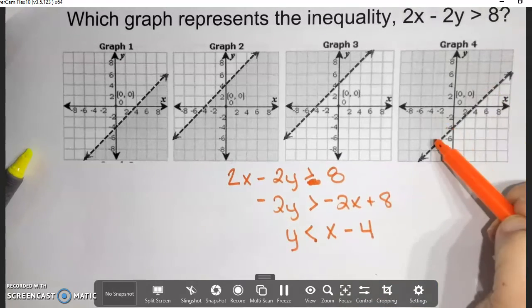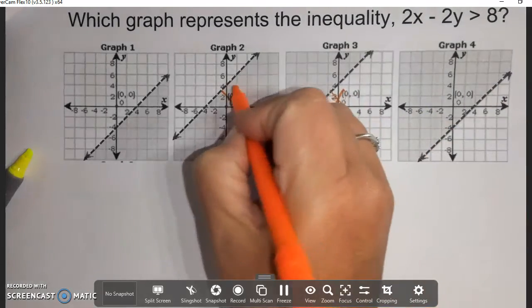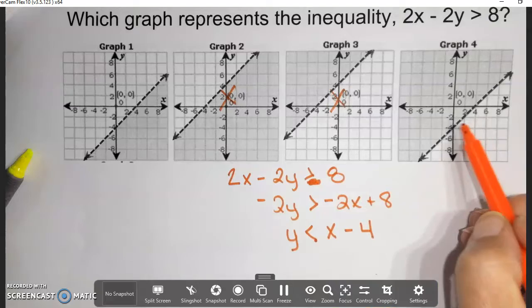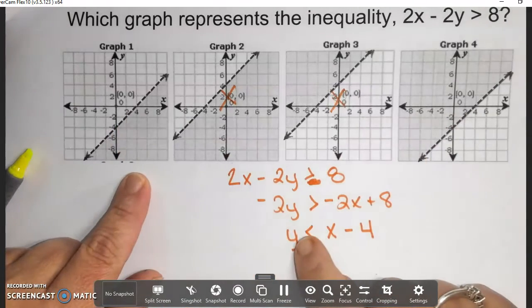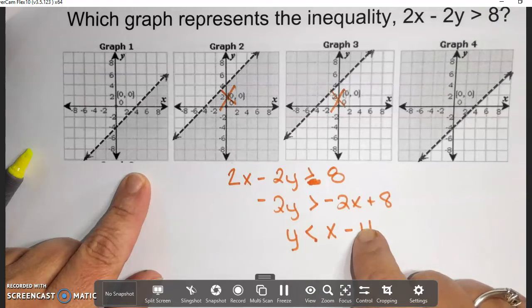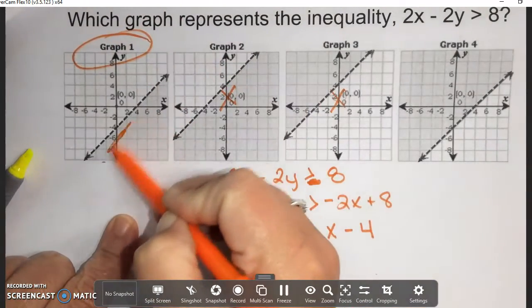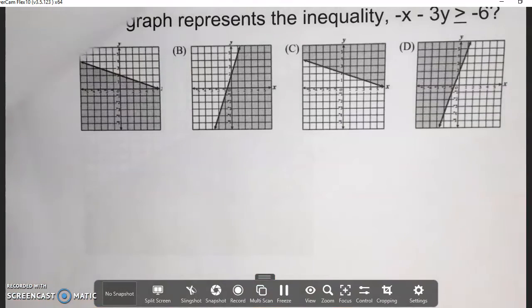Okay, so -4 automatically takes out this one and this one. We know it's dotted, so now we've got to figure out our slope is 1, up 1 over 1. So it's this one or this one. Let's figure out if (0, 0) is included. 0 is less than 0 minus 4. Is 0 less than negative 4? No. So it's this one, because we shade where (0, 0) is not a part of the solution set.